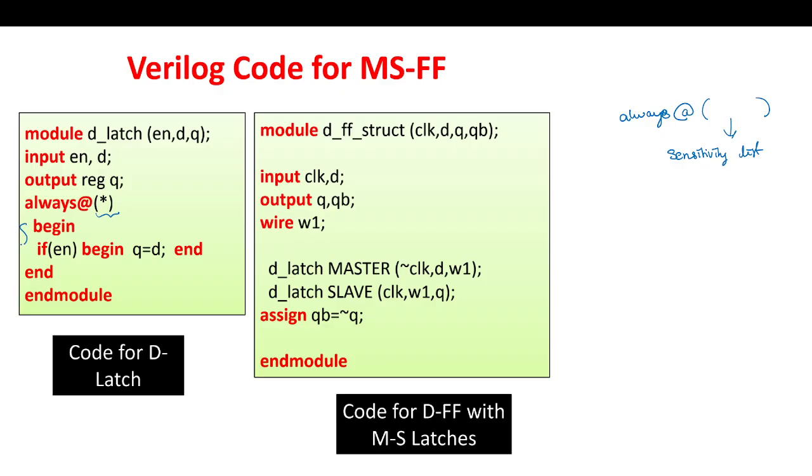That means the statements in the begin and end will start to execute. And if it is an asterisk, it is almost equivalent to being always executed. Now we said that if the enable signal is 1, then the output is D.